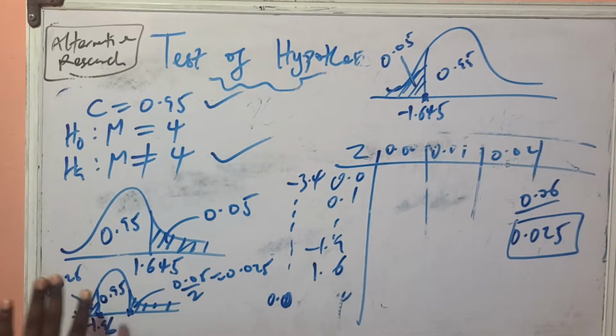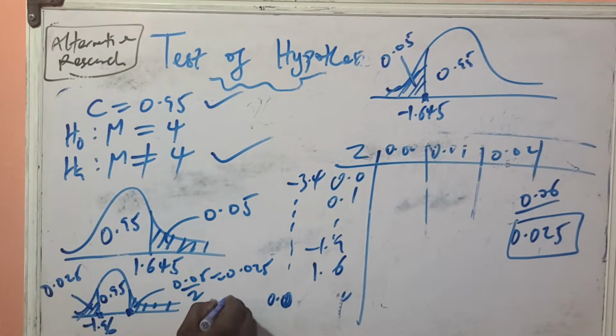So the whole area from here up till this point will be 0.95 plus 0.025. I'm sure you guys understand that. Thank you very much. So the area you are looking for to find this particular z-score will be 0.975. Of course, how you got this is that 0.95 plus 0.025.